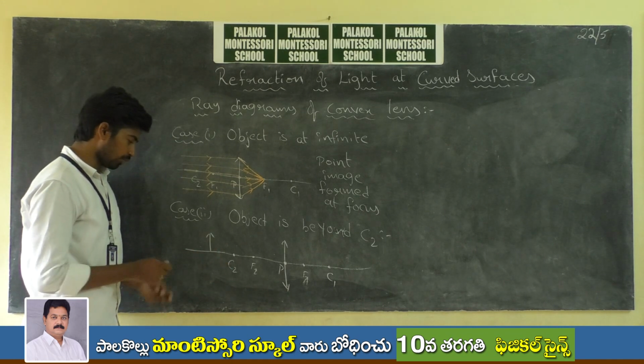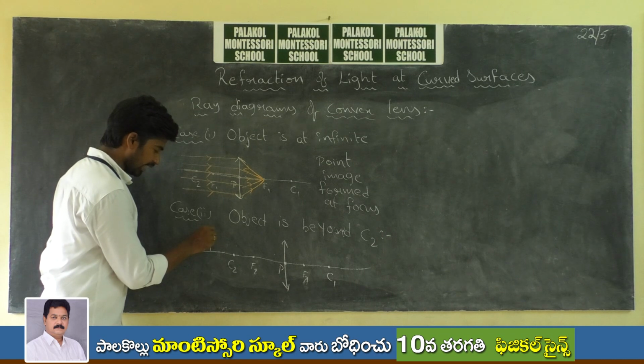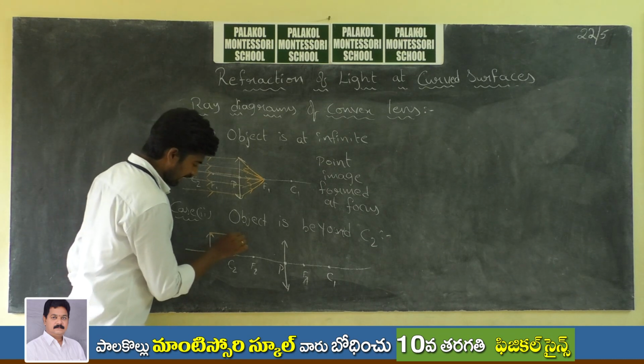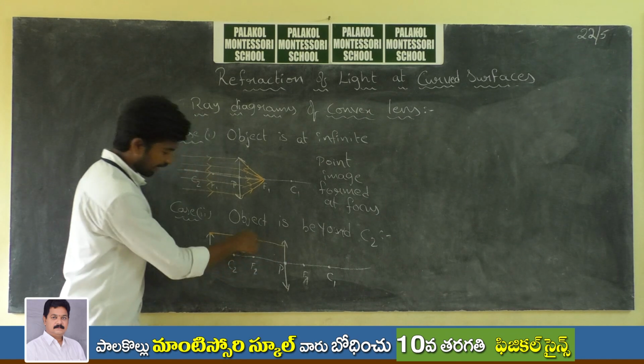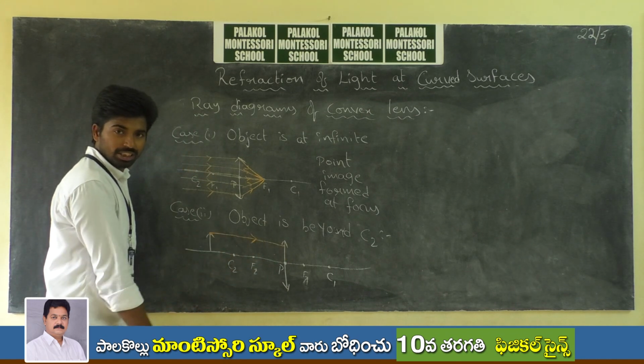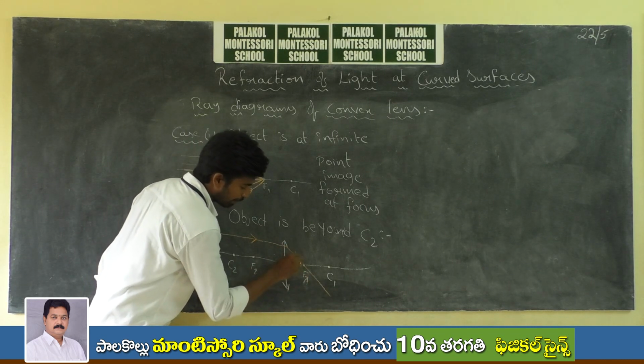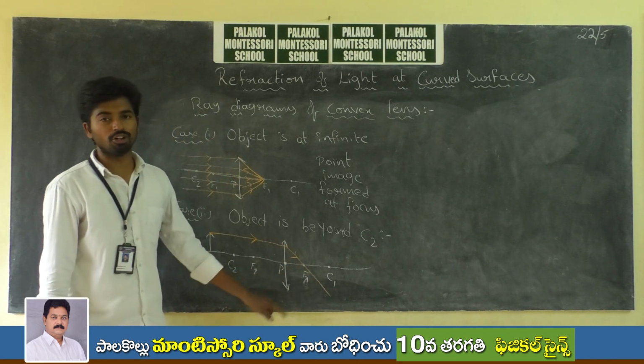So what is the first rule? You need to select the tip of the object and draw a light ray parallel to the principal axis. This light ray, which is parallel to the principal axis, will get refracted by passing through the focus point.